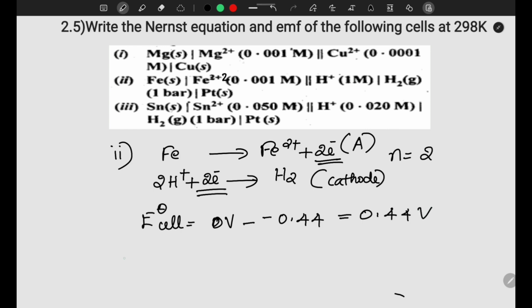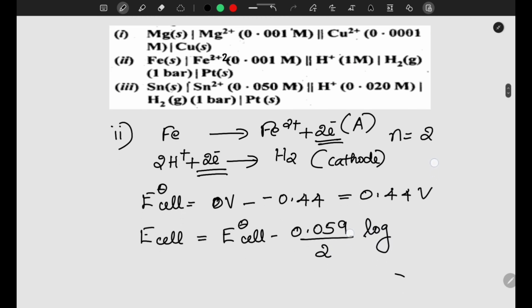Now E cell is equal to, let us go back to the Nernst equation. E cell is equal to E naught cell minus 0.059 by n, that is equal to 2, log concentration of product.